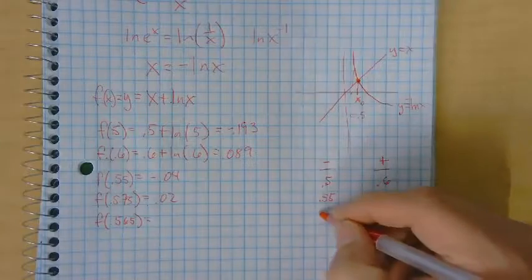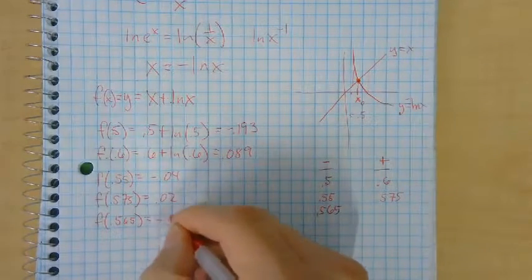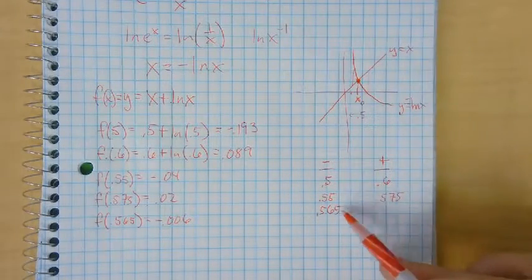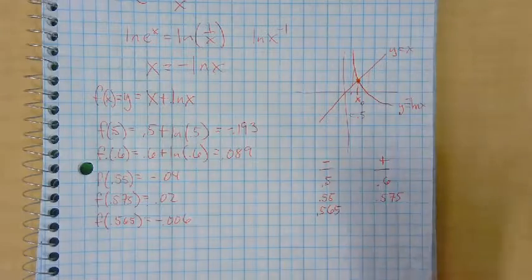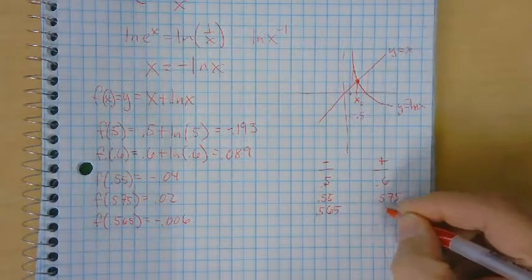Okay, that one's negative. It was negative 0.006 to be exact. All right, well now I know it's between these two. Well, let's try 0.570. If I do that one, I get a positive. So that one's over here.